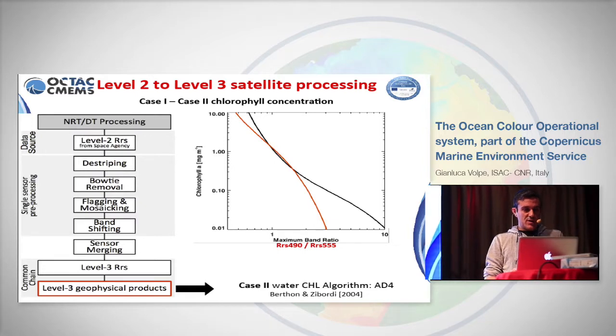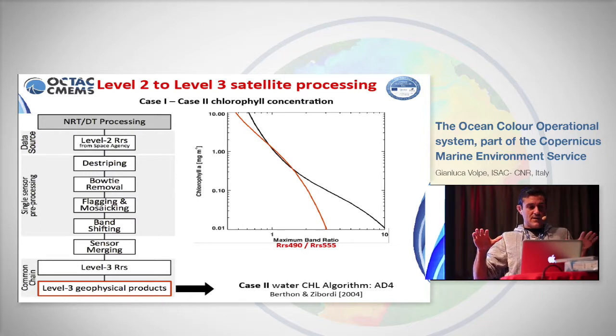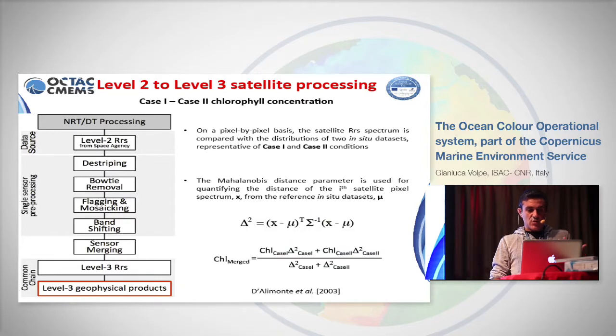So the point is now that we have to merge these two lines without introducing any discontinuity which is not given by the field itself, but rather by the method. So what we do is that to each satellite pixel, both algorithms are applied.